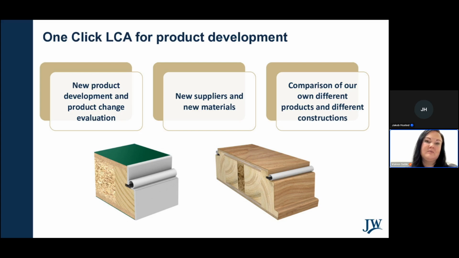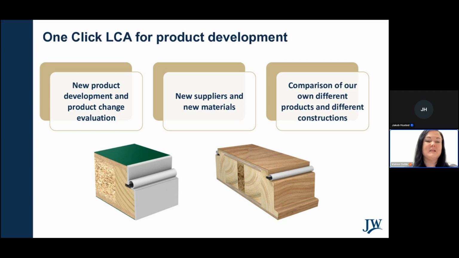And we also compare our own different products and different constructions, because our sales and product management people have become pretty well trained regarding life cycle assessments and product environmental footprint.